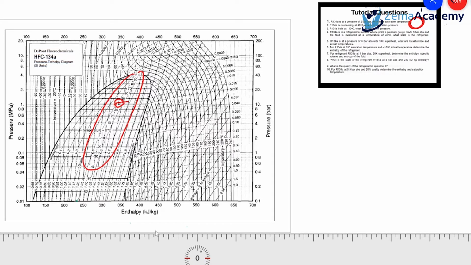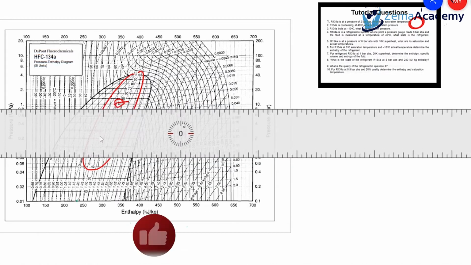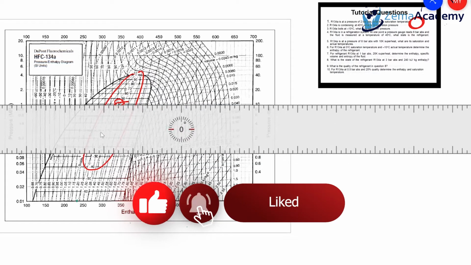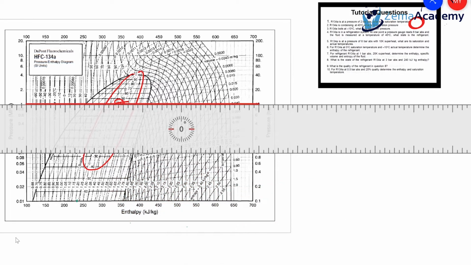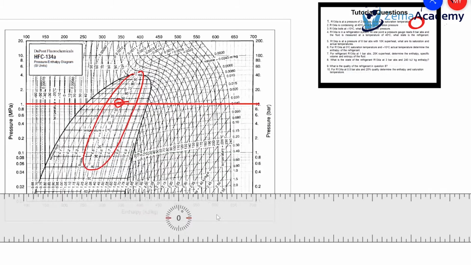Again, we draw a straight line from where 40 is, horizontally, to read the pressure. And what pressure do we have? 10 bar. 10 bar. And if you look at the answer, it says 10 bar.